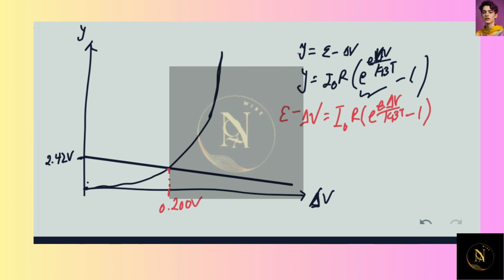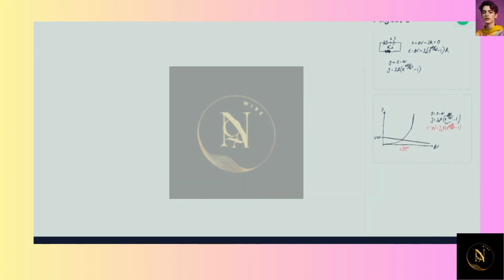Now to find the actual current in our circuit, we substitute this value of delta V into the equation for I.